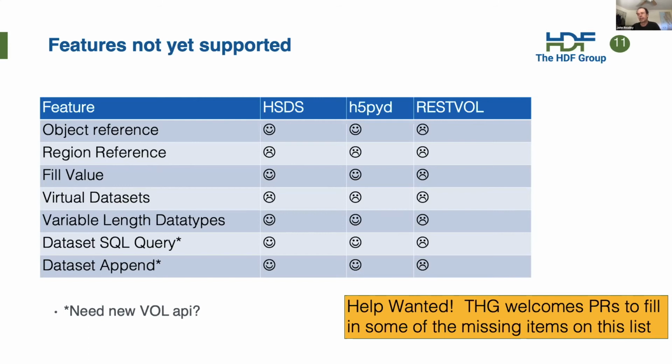And lastly, dataset append. If you have multiple writers, it's convenient to have an append operation that can work without writers potentially overriding each other's appends. That's a feature we have on the server and H5PD, but not in RESTful. So a fair bit of work that'd be nice to do.